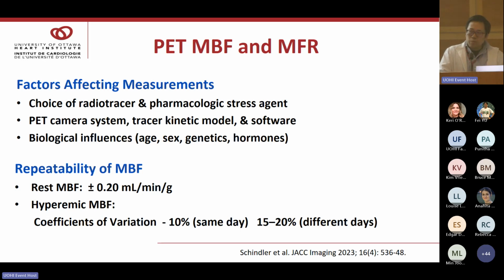What about the repeatability of these measurements? Actually, it's very consistent. Resting MBF has a variability of about 0.2. And as for hyperemic MBF, same-day testing gives a coefficient of variation of around 10%, rising to 15 to 20% for different-day measurements.